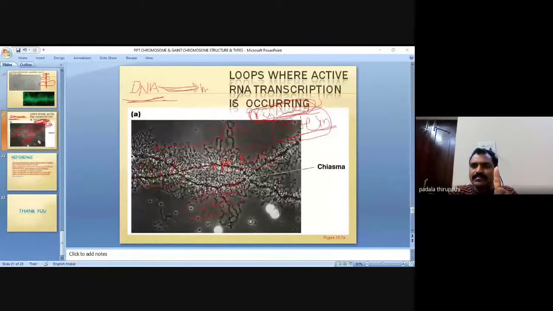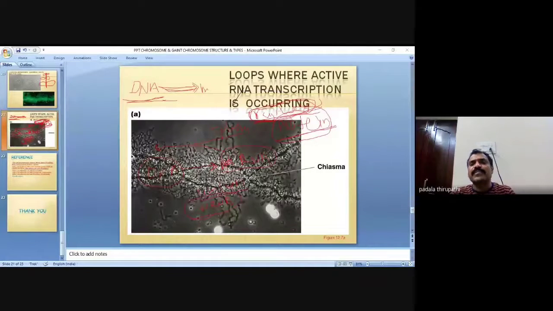Number one, polytene chromosome, also called salivary gland chromosome, first discovered by Balbiani in 1881 in Diptera, the insects, in salivary glands like Drosophila melanogaster. The second type of giant chromosome is the lamp brush chromosome, observed in oocytes of amphibians, for example salamander.